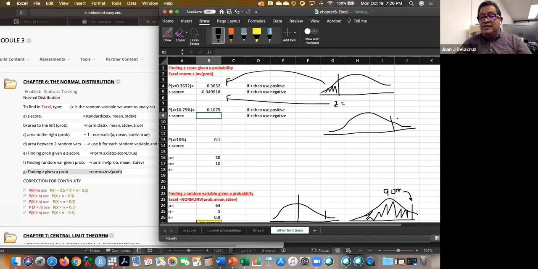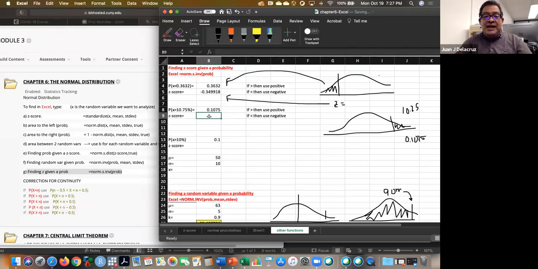So you are on top of the 10.75%, right? That basically means that this area represents the 0.1075, right? So by definition, the other part is 1 minus 0.1075.